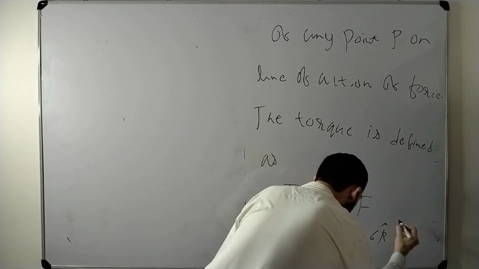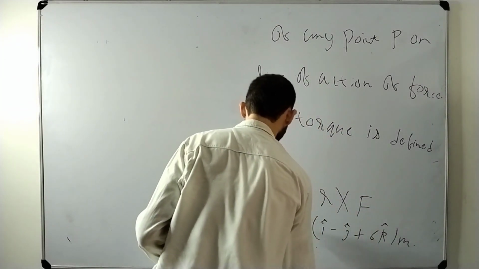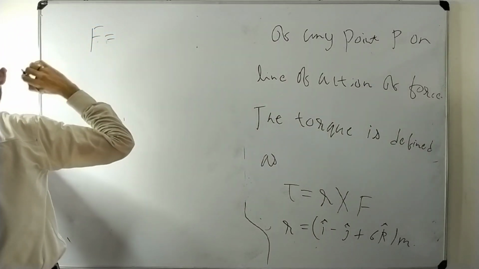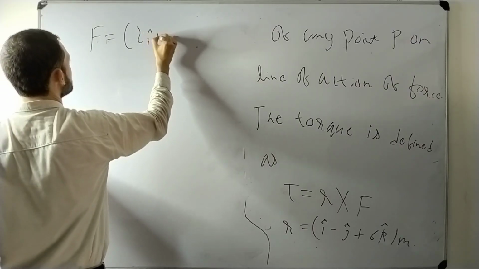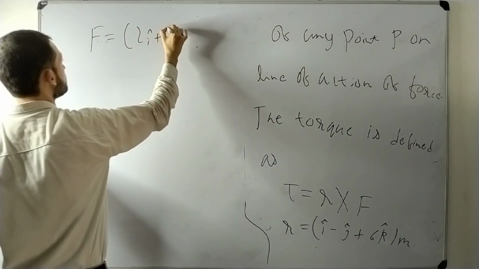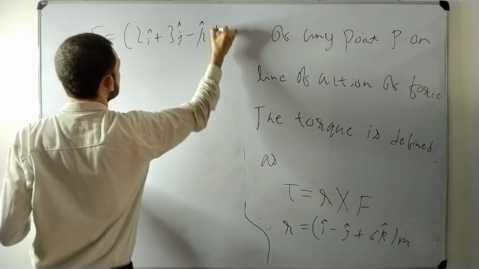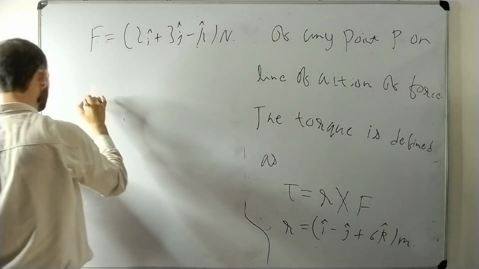Alright students, certainly sir, this is in meters, and this is what, student? F. F is what? 2i cap plus 3j cap minus k cap. This is in Newtons.